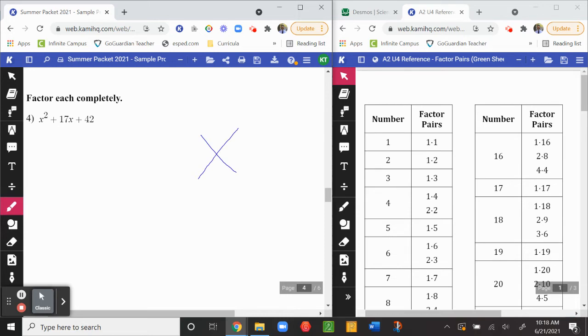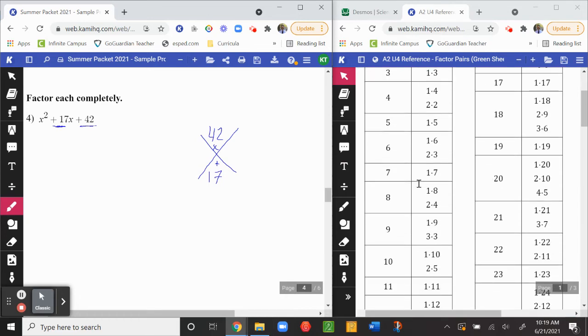So I'm going to set up an x game where I need to find a pair of numbers that multiply to this last number, the c value, the constant, but combine to this middle value, the b value, the linear coefficient. So I need to find a pair of numbers that multiply to 42, but combine to 17.